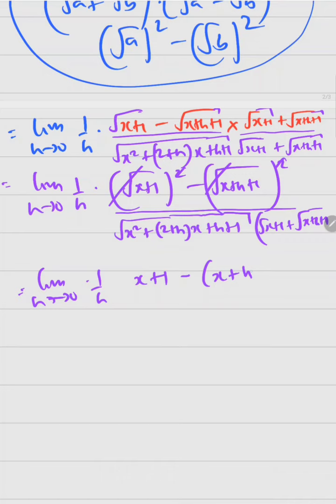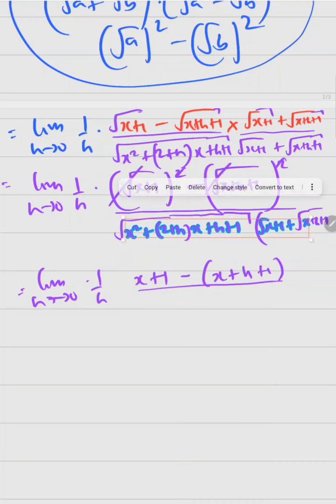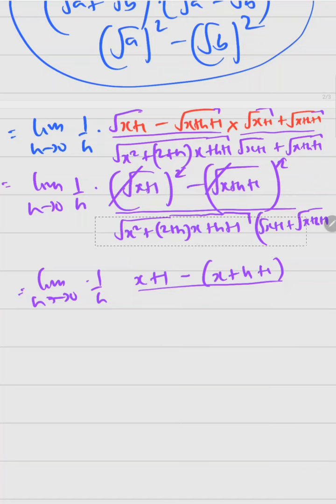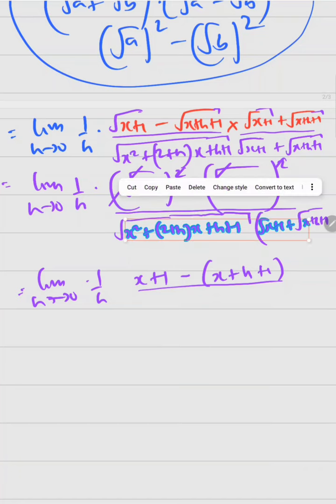So you have s plus h plus 1 divided by our denominator. Let me just copy it here so that we don't do the same thing again and again.